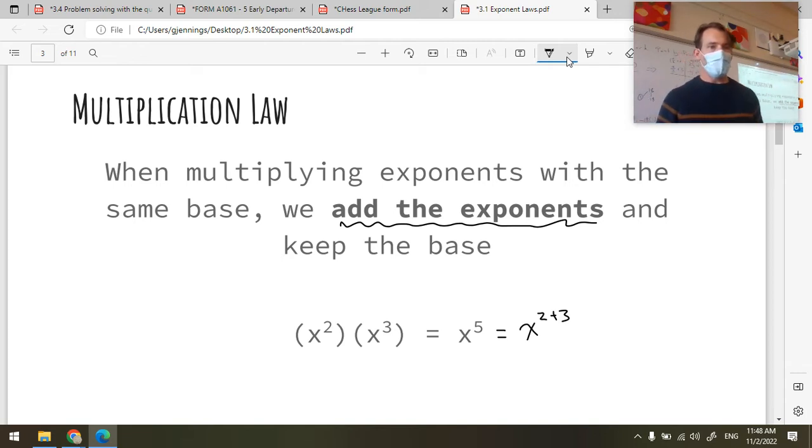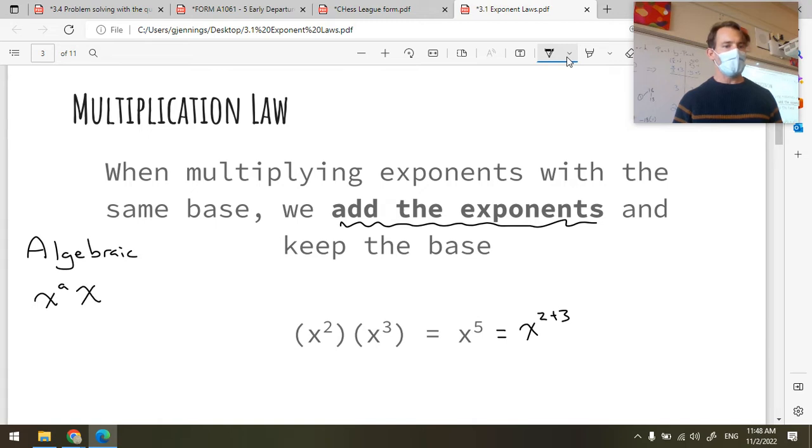And when you're thinking about an algebraic model, that would be one that you could apply anywhere. So we could say, if I have x raised to the power a, and I multiply that power by x to the power b, what will that give me?